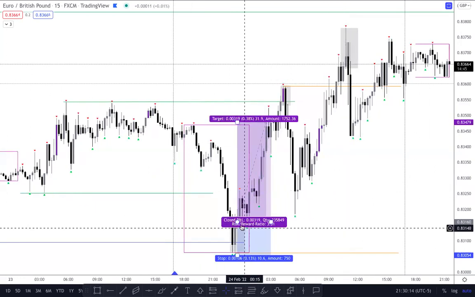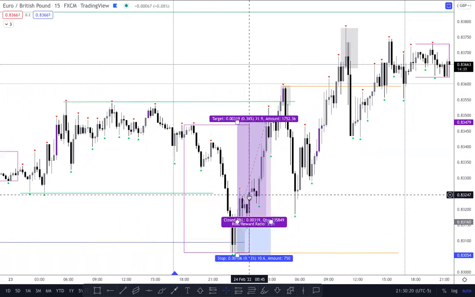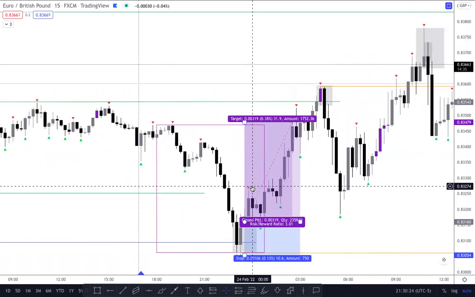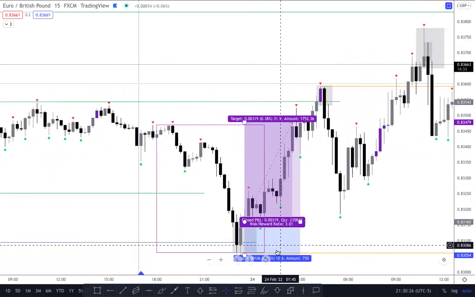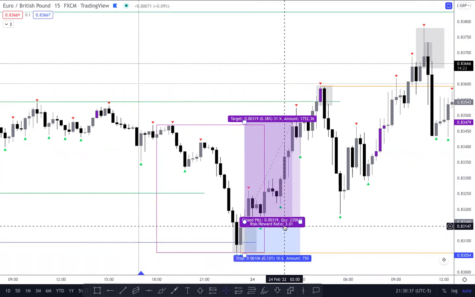So if we take a 15-minute OB, I really feel as if we should only go for 1 to 3s. Or if we want to get creative here, we can base it off of the stop loss. Perhaps if we have a stop loss that is less than 5 pips, we can go for a 1 to 5. If we have a stop loss that's over 5 pips, 1 to 3.